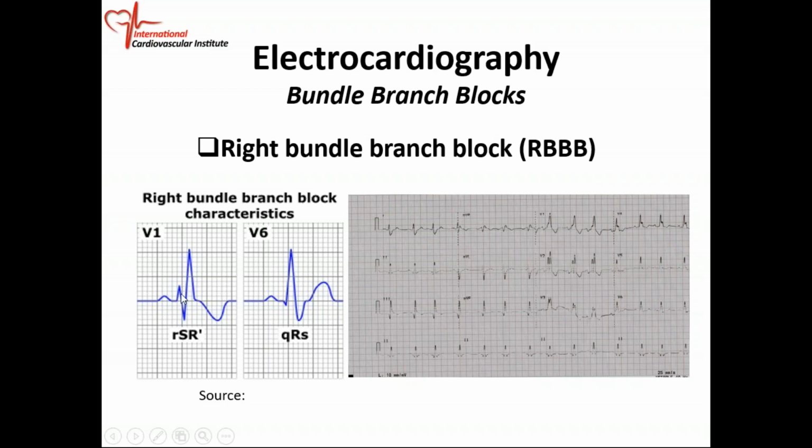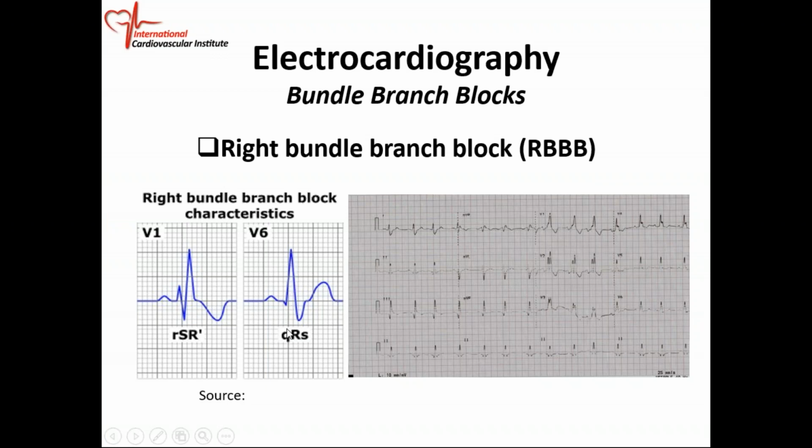So when you look in V1, you get an R prime, and the duration of the QRS is going to be greater than or equal to 120 milliseconds. And when you look in V6, you get a tiny Q. So the first downward deflection is a Q. Then you get a big R and a small S. So this is how we represent it. The Q is a lowercase q because it's small.